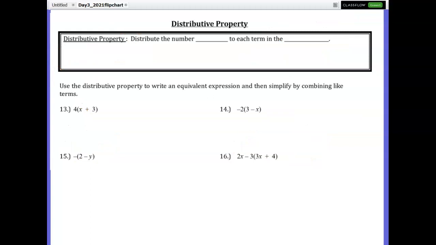So to distribute, we want to distribute the number outside, okay, to each of the terms on the inside of the parentheses. All right, and that will make sense when I do some examples. All right, so there's our parentheses.